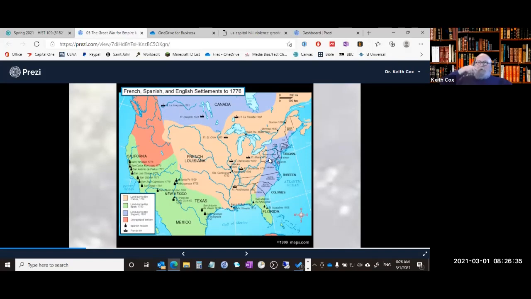So this little skirmish that was started by George Washington ends up creating this worldwide war between the British and the French. And the war is being fought in Europe and in the Caribbean and in Asia and in South America.